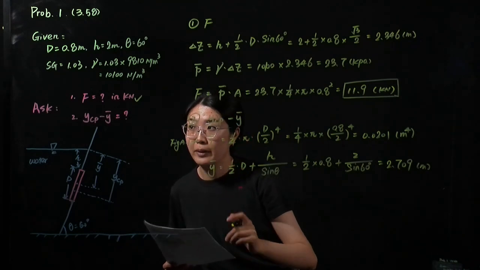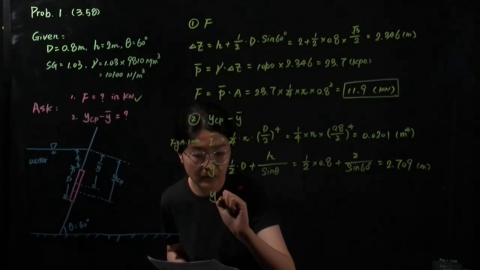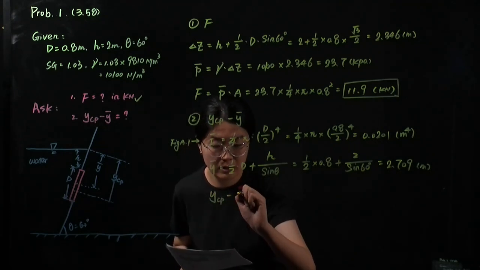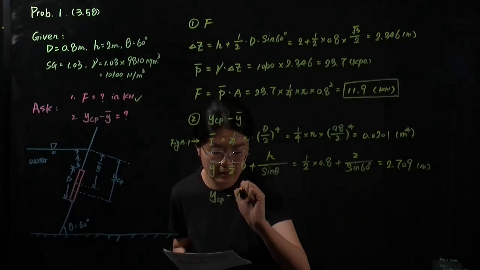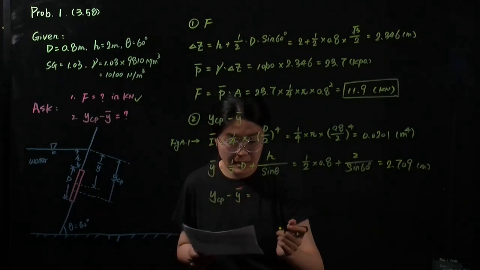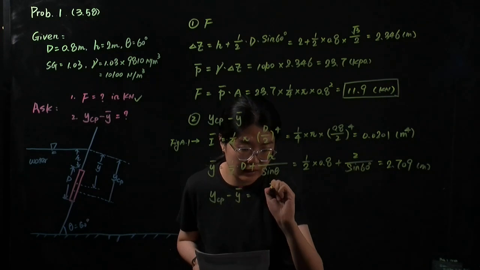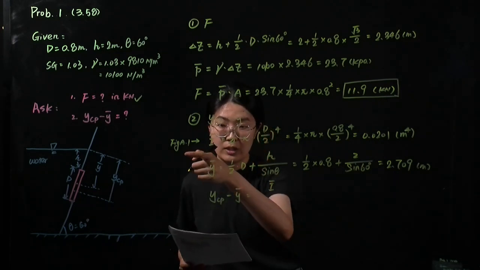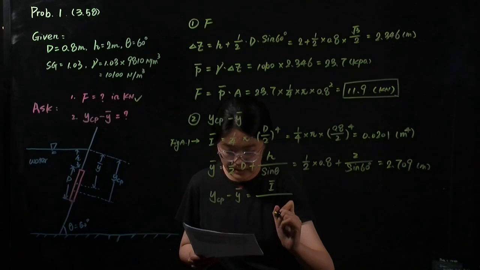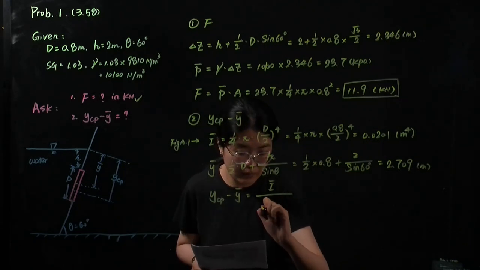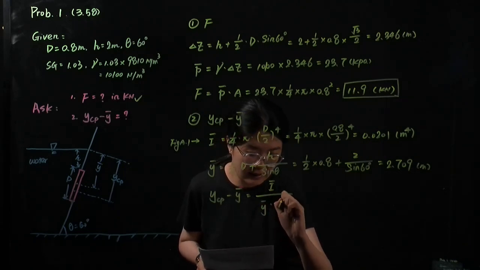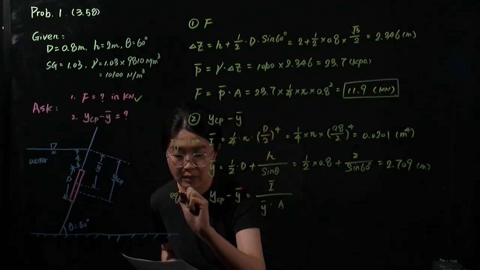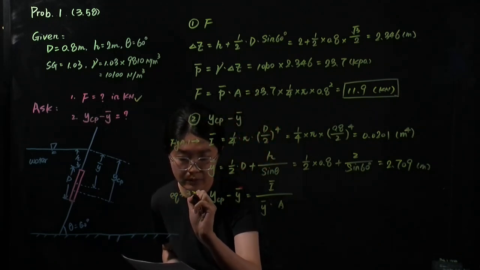Now next step, we can calculate the distance between the center of pressure and the centroid. It equals the area moment of inertia divided by y bar times A, based on equation 3.33.